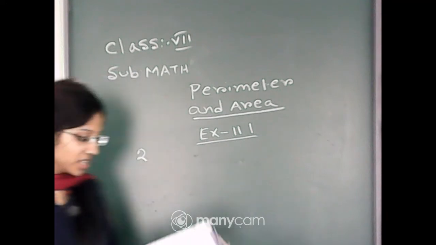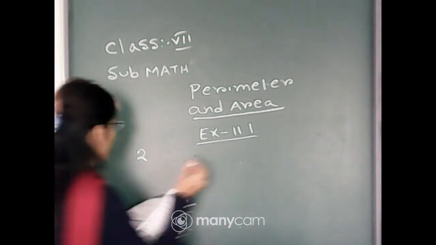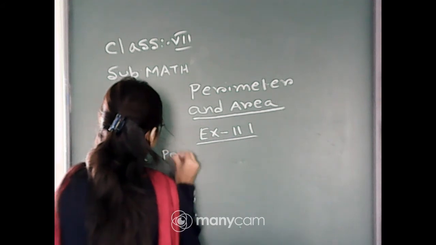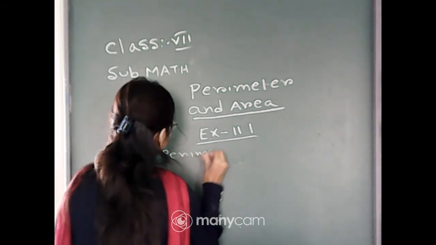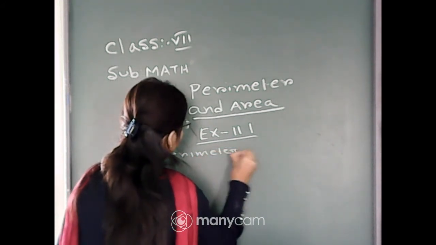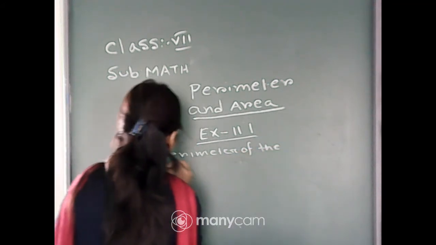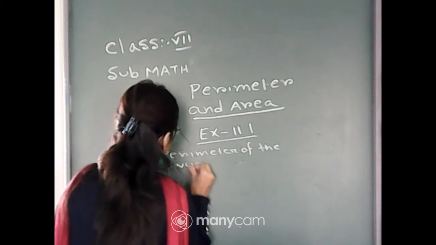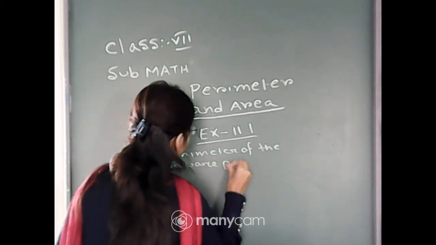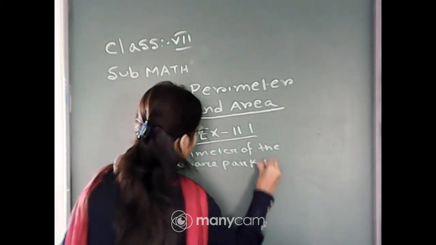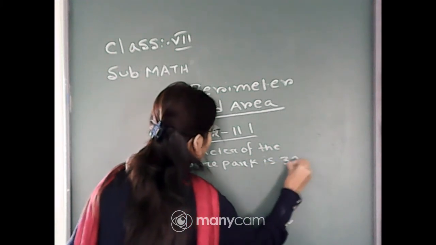Here it is given that the perimeter of the square park is 320 meter.